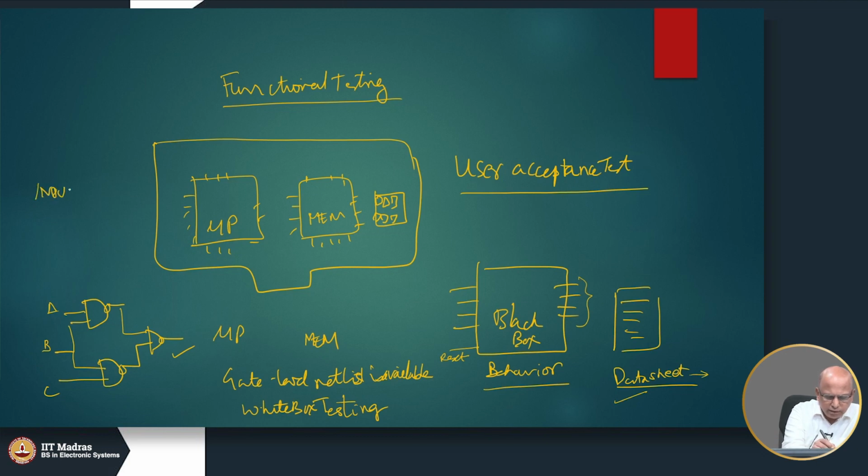We can say input A, input B, input C. Okay. Then we can say D is an AND of A comma B. Then E is NAND of B comma C, and then F is NAND of D comma E. Okay.